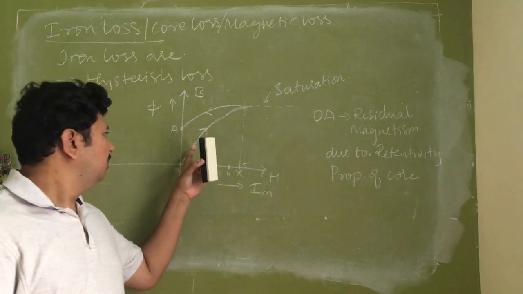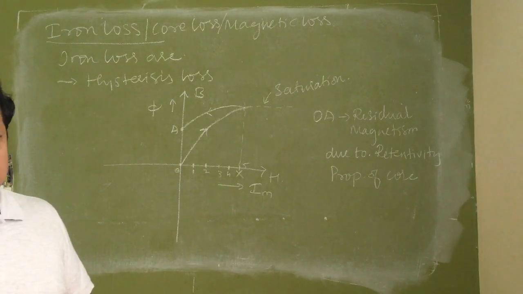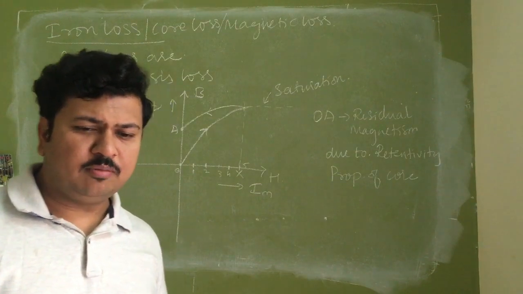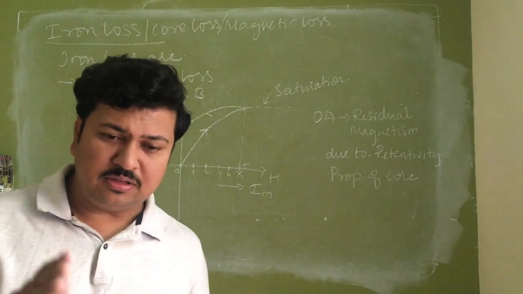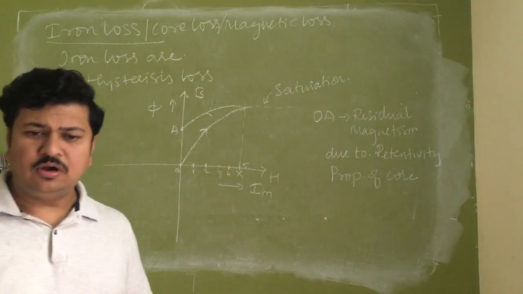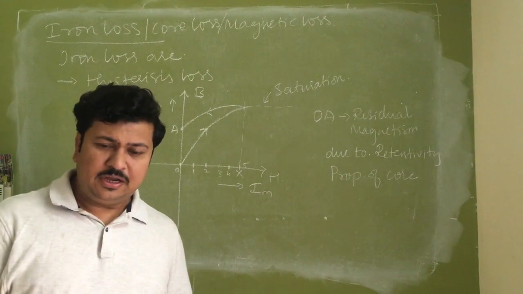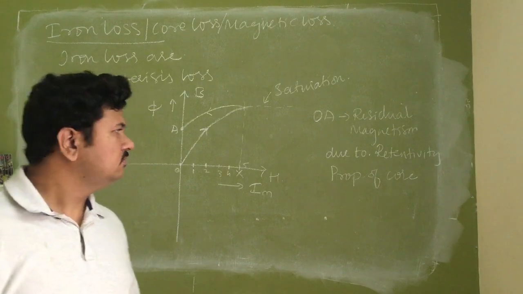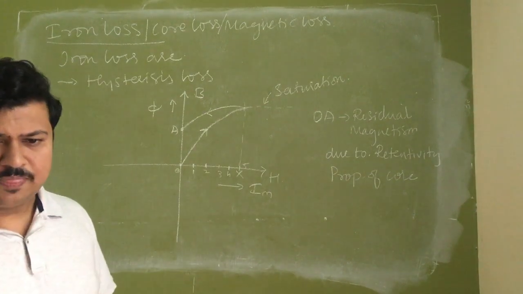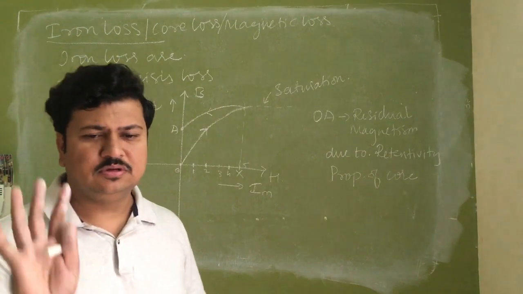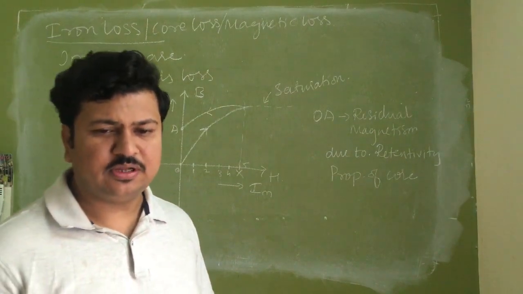But that is not the case with the core. Why am I using an electromagnet? I am using an electromagnet so that I can control the magnetism. In many cases I don't want the residual magnetism. When I make the current 0, my magnetization should become 0. This is my requirement actually.